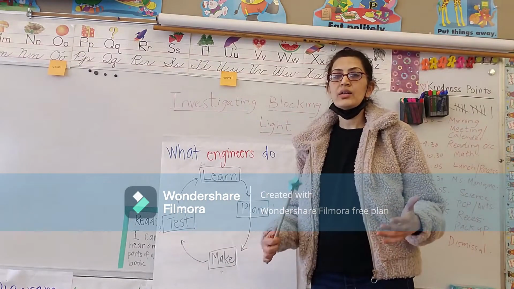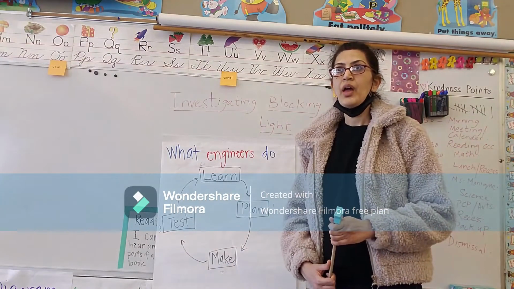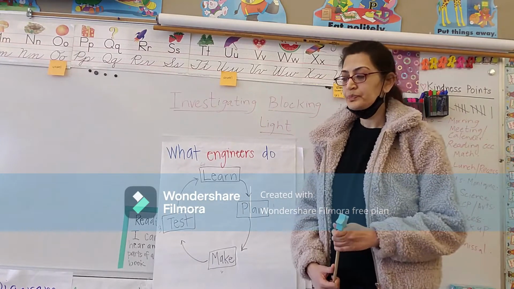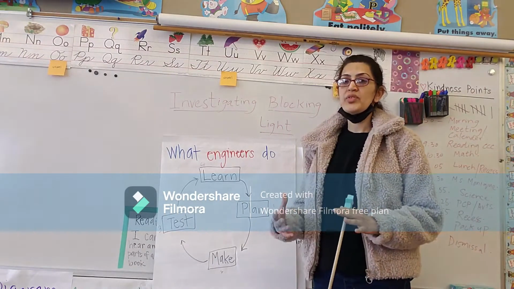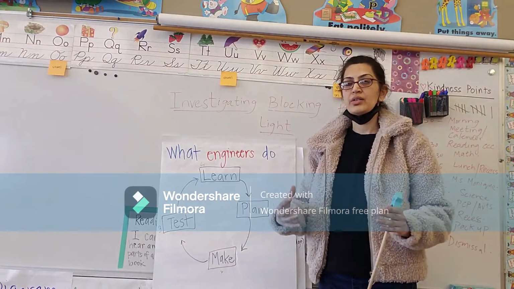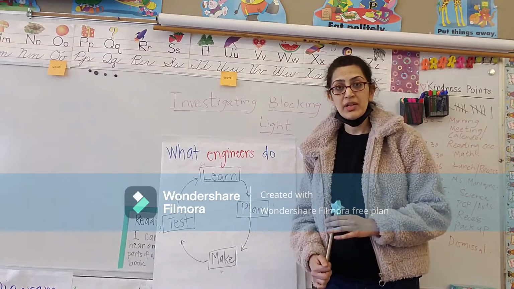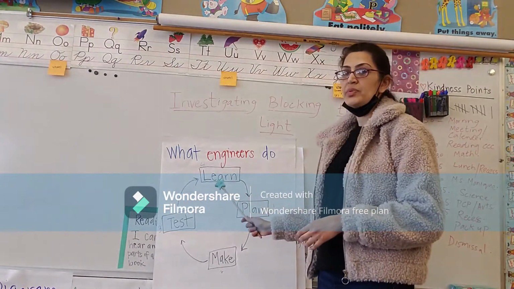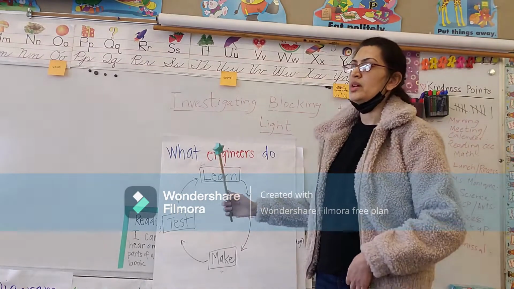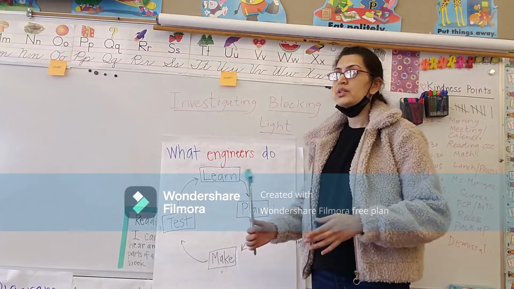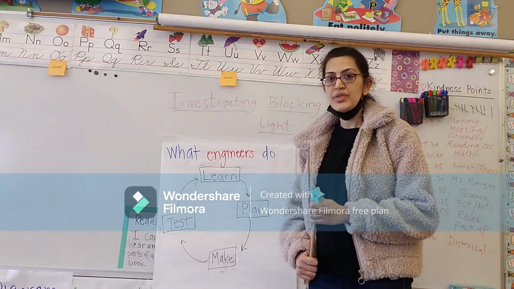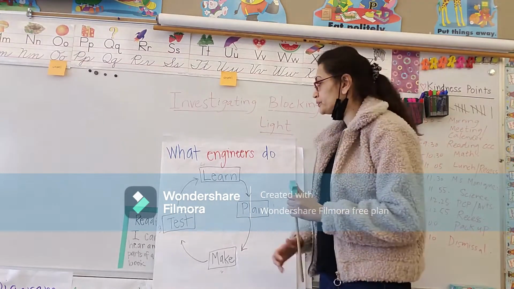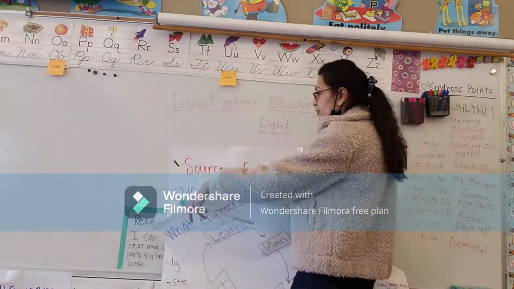They will test their experiment to see what materials block the light and what don't. They have to do some experimentation. After that, they learn through the experiment whether it is correct or not. That is what engineers do.